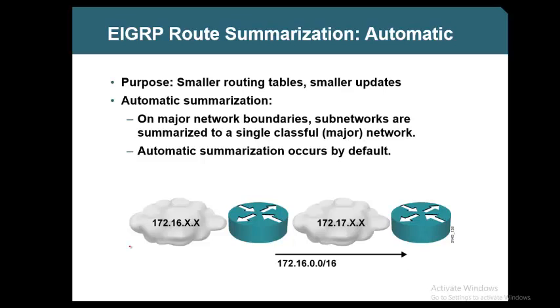This type of summarization was enabled by default in earlier versions of EIGRP, but current versions don't do summarization. Here it is written that automatic summarization occurs by default. This is only in the older version. Today, if you want, you can enable it, but we don't need to do summarization for a small network.